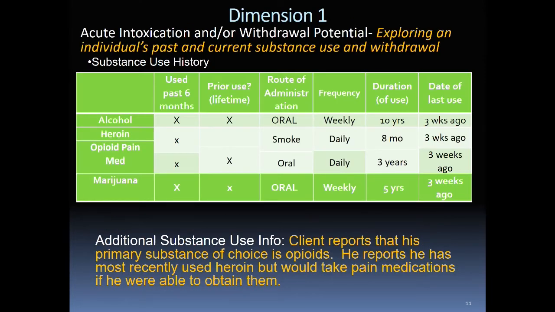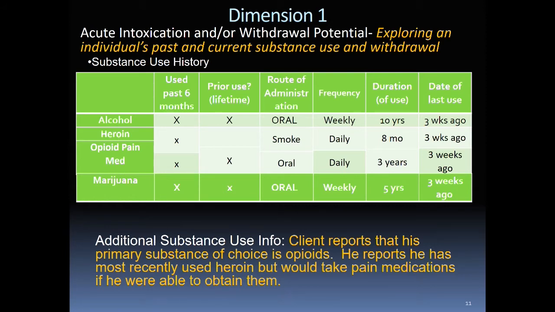Okay, so as we take a closer look at Dimension 1 for this client, Mr. Doe, and Dimension 1 again is the acute intoxication and or withdrawal potential. We want to explore his past and current substance use and withdrawal. So as we see on the left-hand column, these are the substances that Mr. Doe has struggled with since the age of 16: alcohol, heroin, opioid pain medication, and marijuana use.